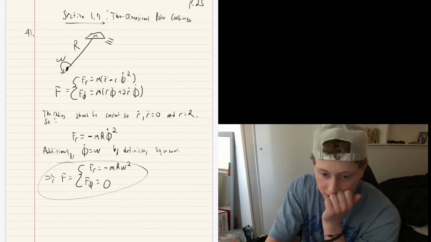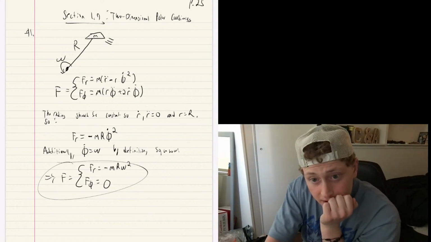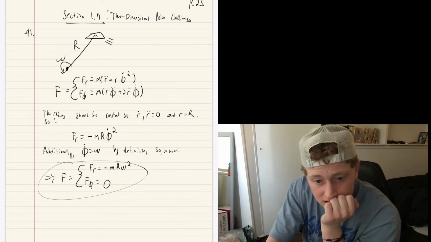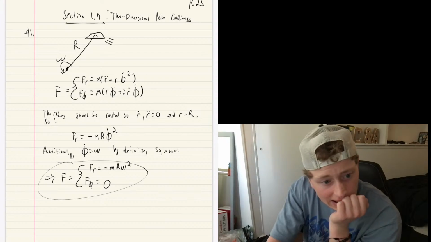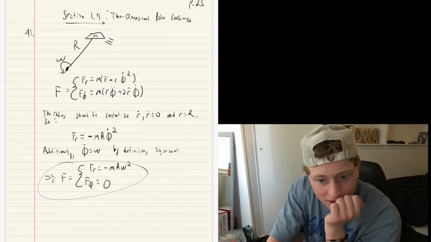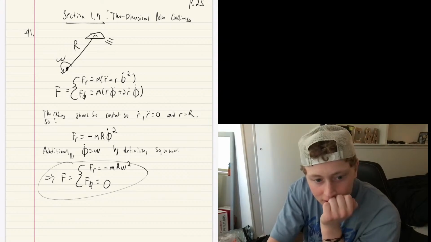I'm reading the textbook right now, seeing what I got wrong. We have constant angular velocity. I do not see what's wrong with this.